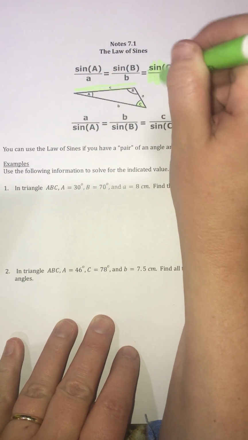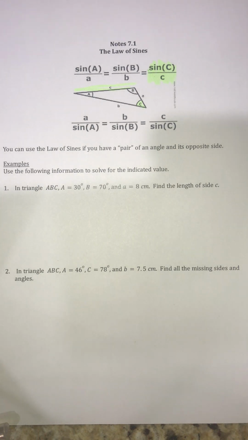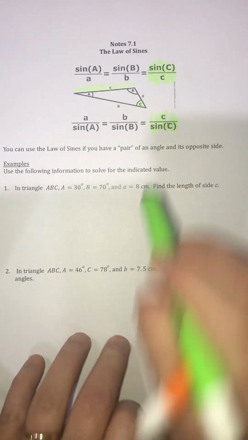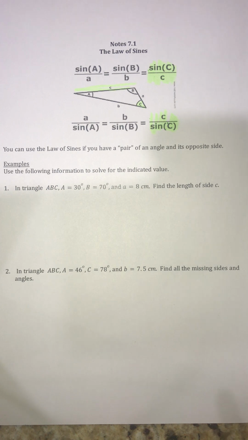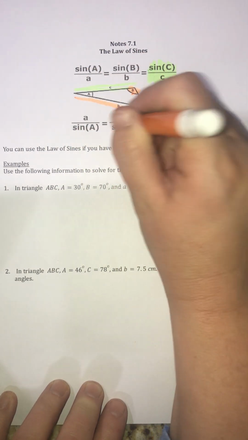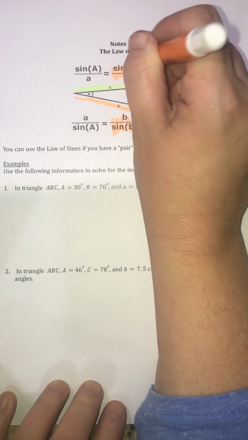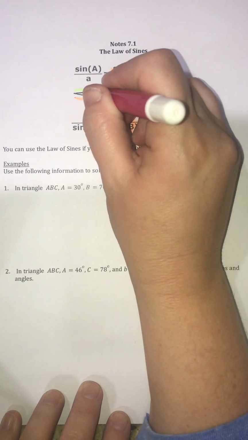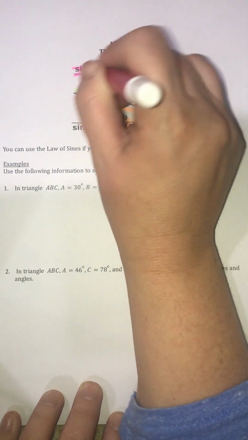You'll notice that the ratio is the sine of angle C divided by the side C. Same thing here, the ratio works numerator, denominator, they can be switched, where you're taking the sine of the angle and dividing by the side opposite. So angle B and side B are opposites of each other, and same with A. It doesn't matter, just as long as you are using opposite side to angle ratios.